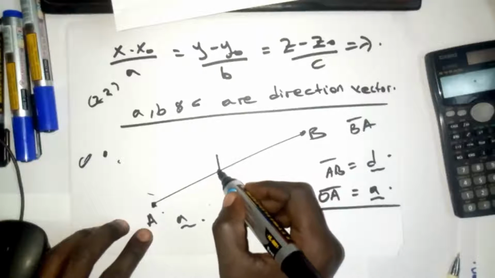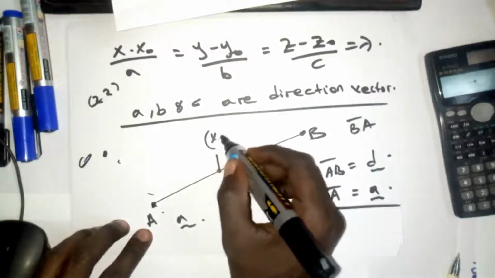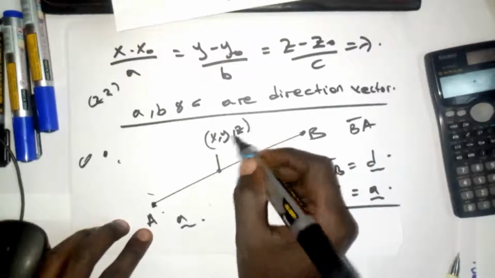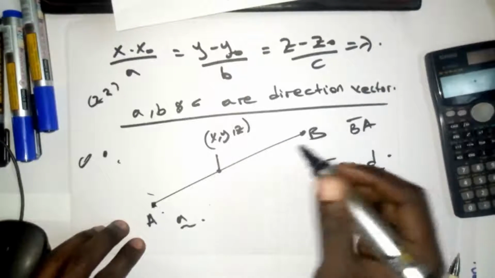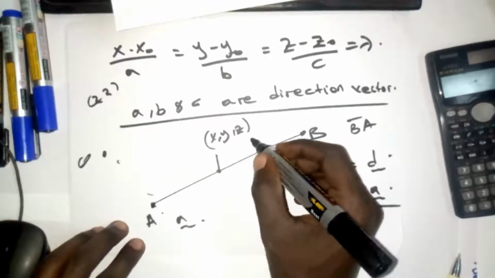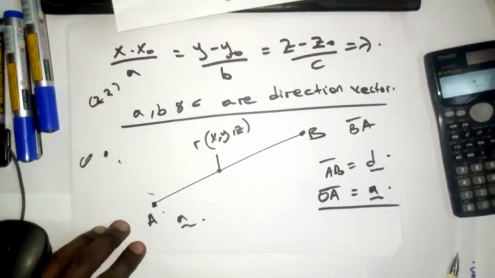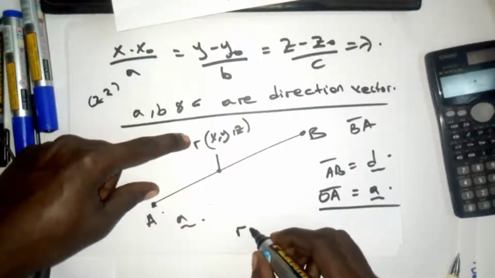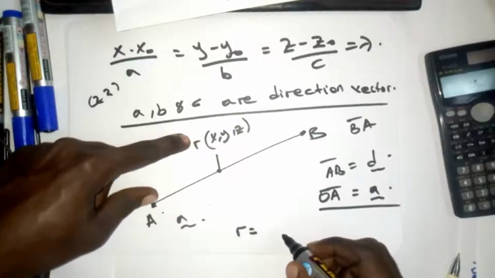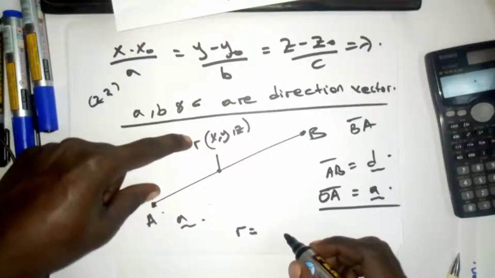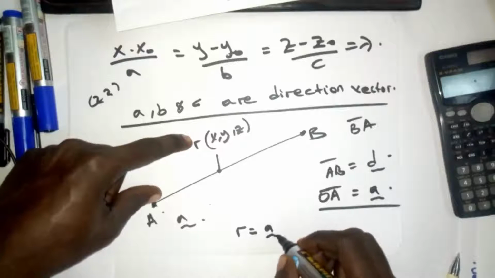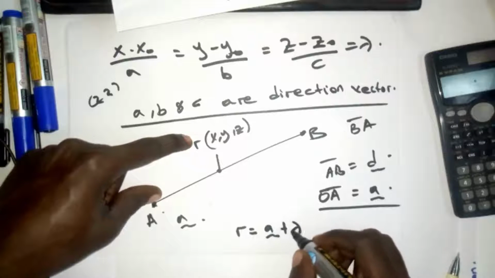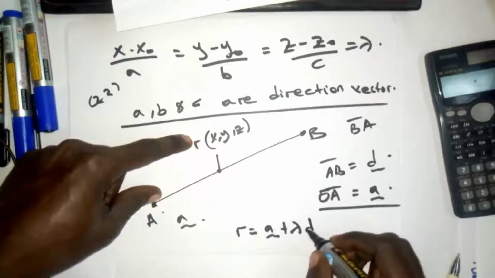To get the position at this point, let us call it x, y, z. Remember, we are dealing with 3 dimensions. If this is x, y, z, I'm going to denote it as r. To find r, I'm going to say r is equal to one point on the line, which is a in this case, plus lambda d.